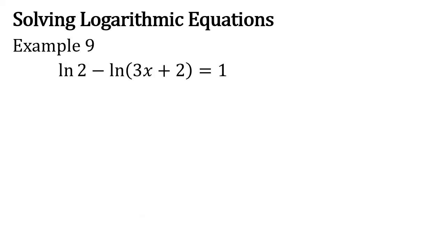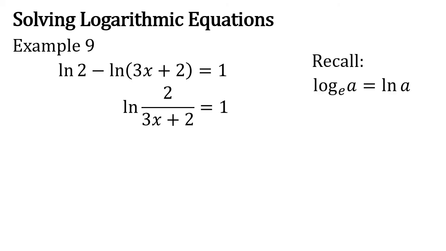Example 9: ln 2 minus ln of 3x plus 2 equals 1. So we can also combine it: ln of 2 over 3x plus 2 equals 1. Then remember, log a base e is equal to ln a, and log e base e is equal to 1.